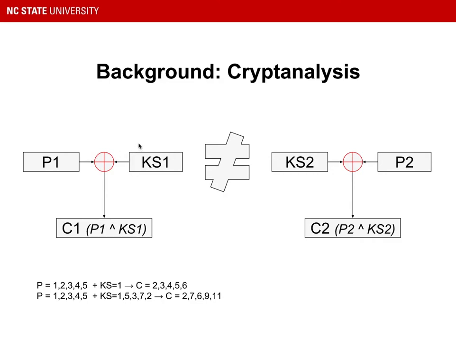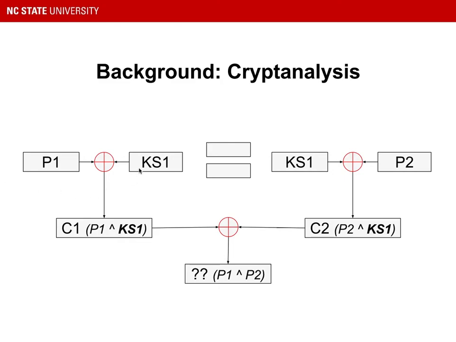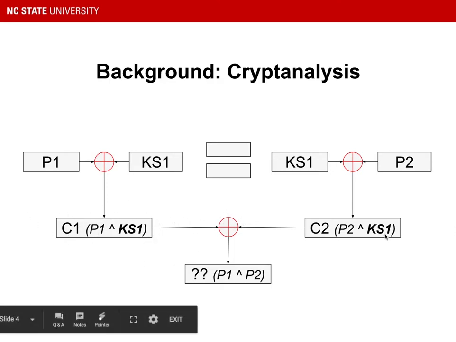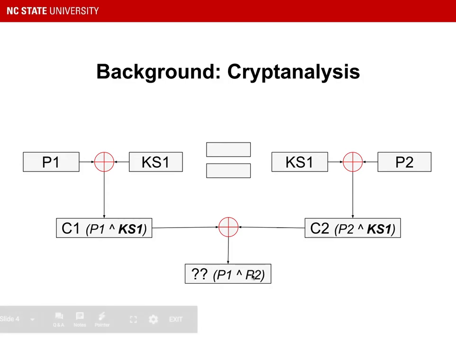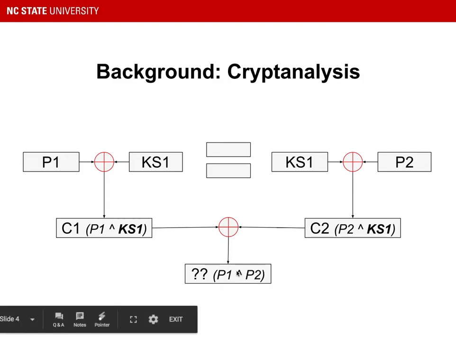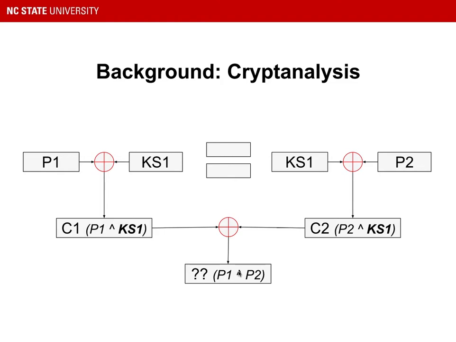The nonce contributes greatly to that random factor. So if the nonce is being reused, instead of KS1 and KS2 here, we will have something similar like this: KS1 here and the same KS1 here. So basically with the same nonce, we'll have the same key stream. And if we XOR the ciphertext encrypted by the same key stream, we will have the XOR of the two original plain texts.